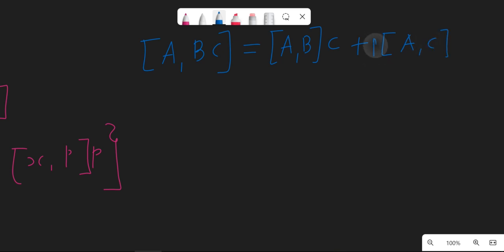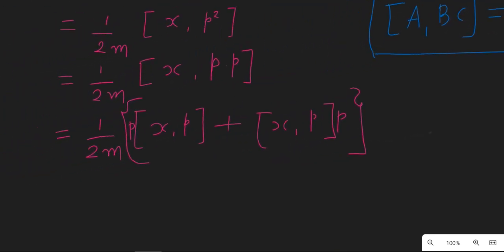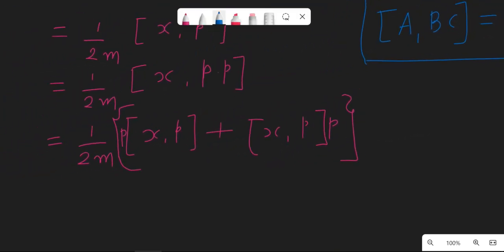So the commutation relation of a, bc is equal to commutation relation ab, c plus b commutation relation of ac. I used this formula here. I hope now you get how I did it.